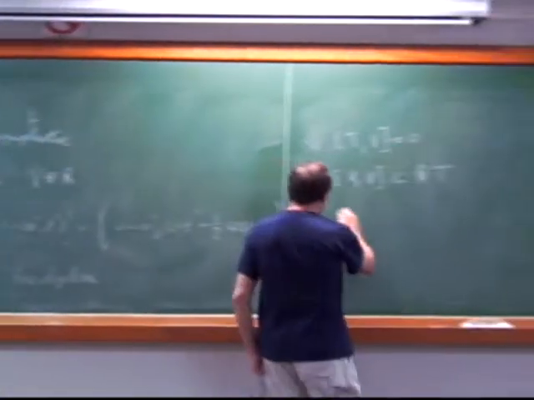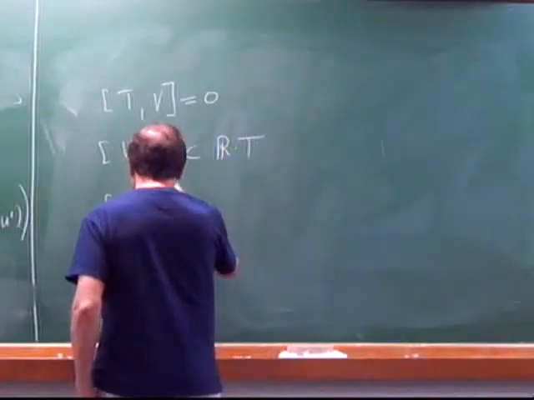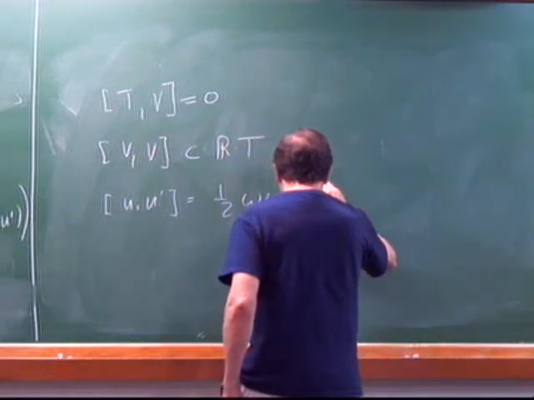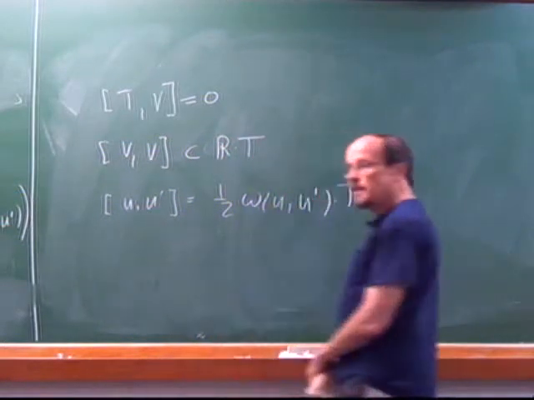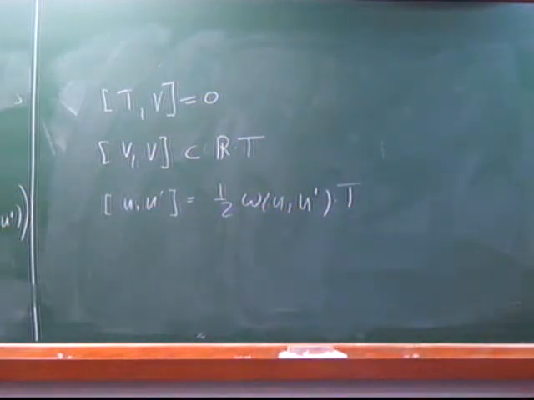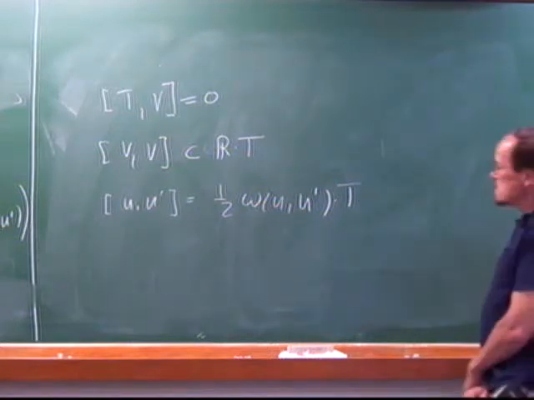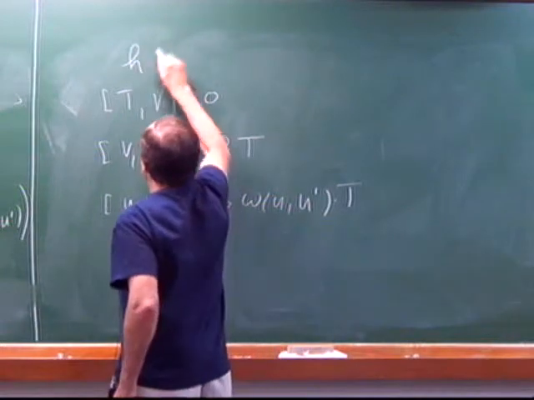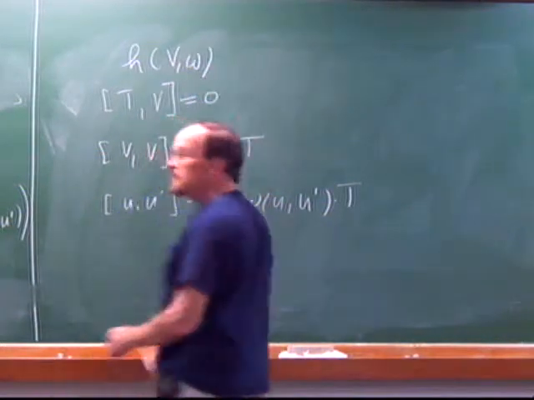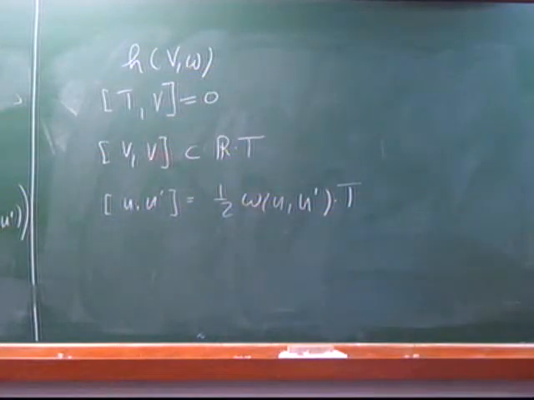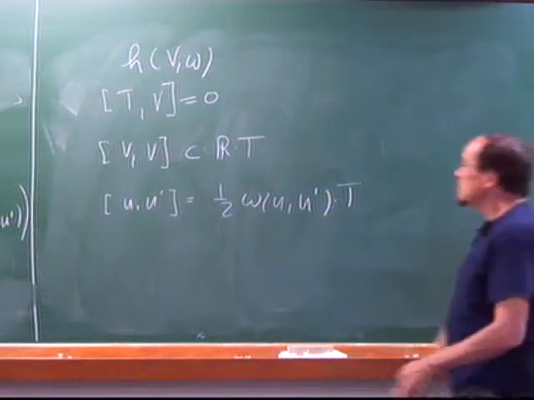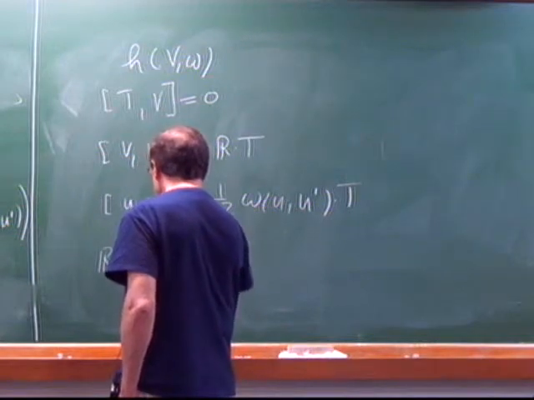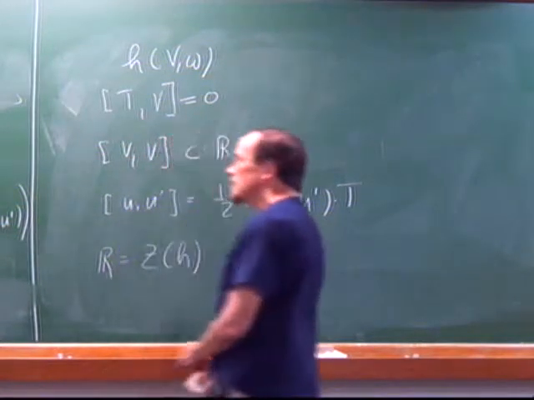So all that happens is the Lie bracket between u and u prime is 1/2 omega(u, u prime) times that extra R. So that's the Lie algebra of my Heisenberg group of the symplectic vector space. In particular, R is the center of this Heisenberg algebra again.